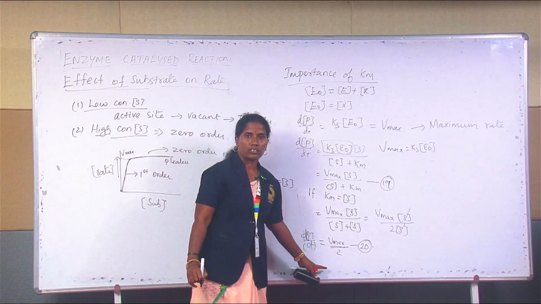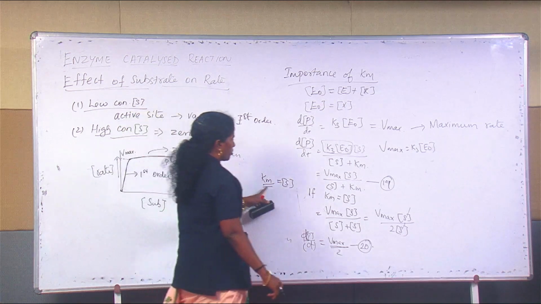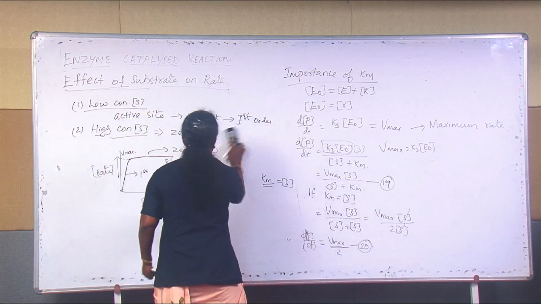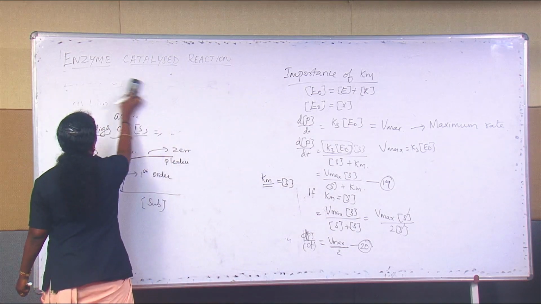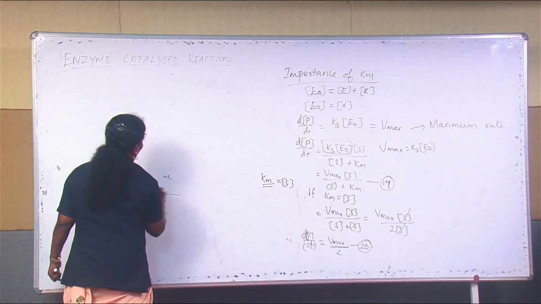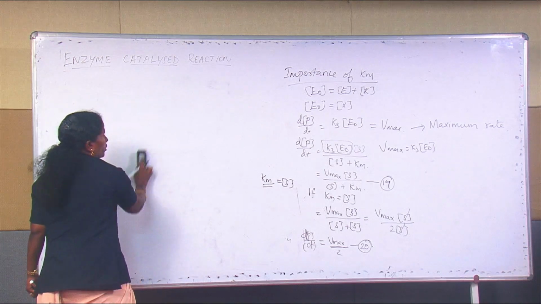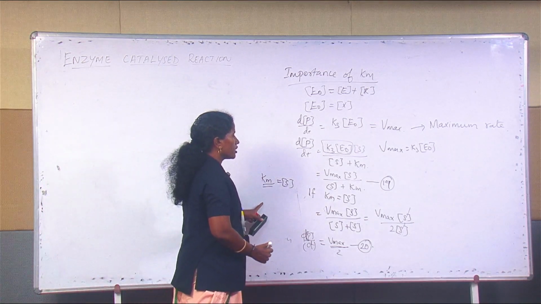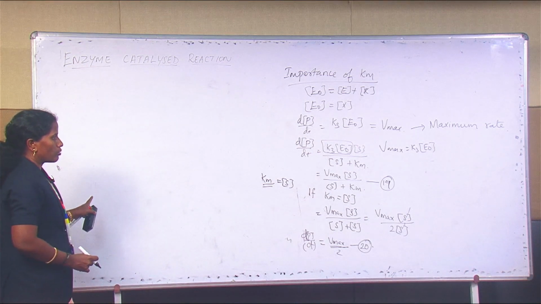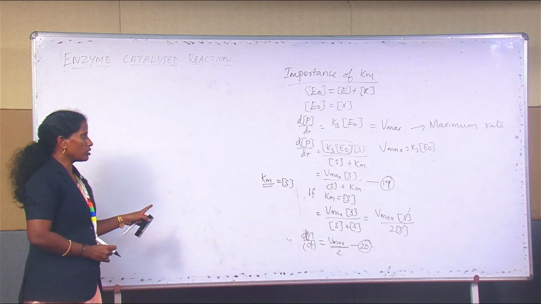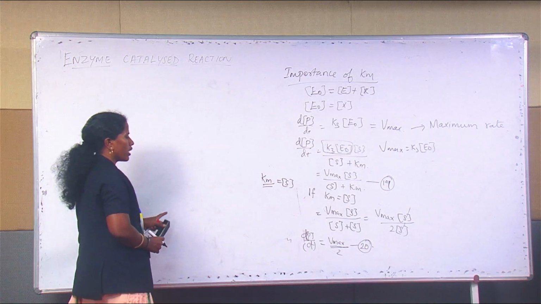So Km can be explained from these equations. So next we are going to calculate the Km value from the graphical method. First order, zero order, both can be explained by the Michaelis Menten equation. So from the first order linear equation, we are going to calculate the Km value.